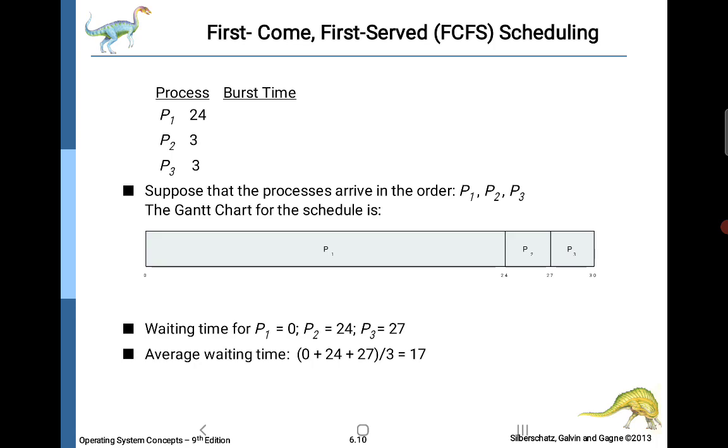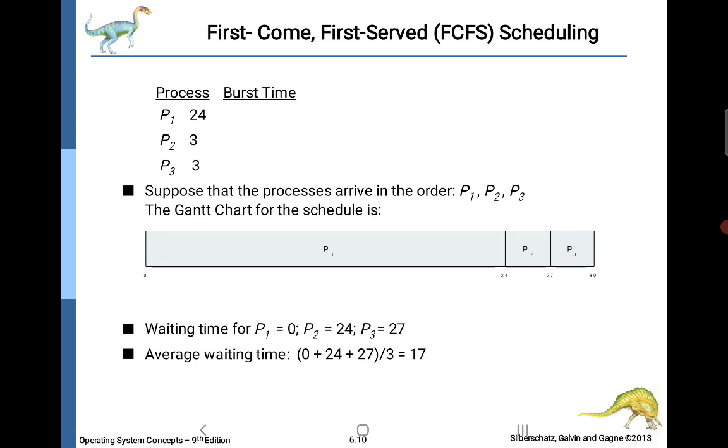It's an average of 17 time units of waiting time. And for P2 and P3, that looks like a long time to wait to be executing for only 3 time units.